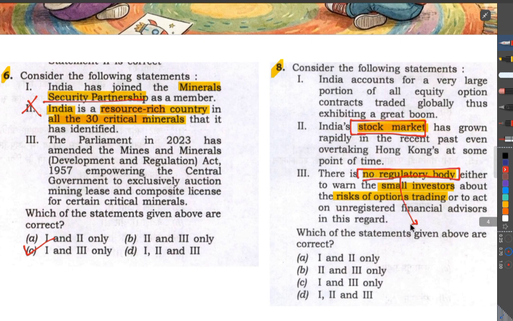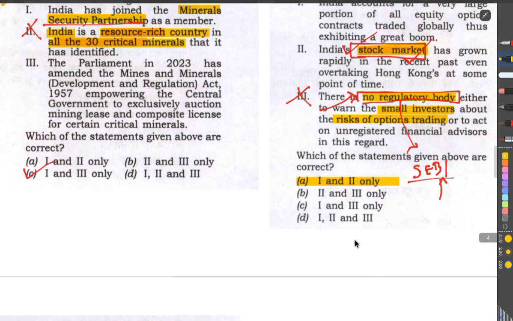Here we have to use our basic knowledge, that is, we have SEBI. So we have used our basic knowledge and we have identified the keyword, and here also they are saying no regulatory body, that's also another keyword. Based on the keywords given, we are taking the assumptions, and with our basic knowledge we understood that statement 3 has to be correct. So the answer is 1 and 2 only.